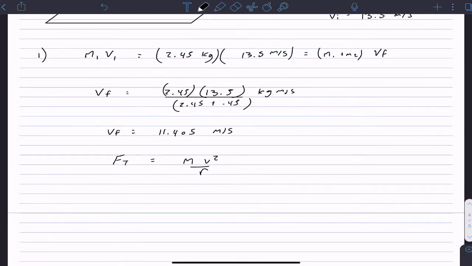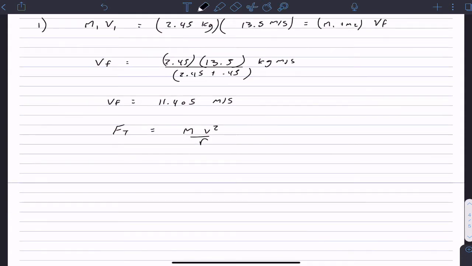The velocity we know, we just found. We know the mass, it's the total mass. And r we're given is 0.3 meters. So all we do is plug this in.